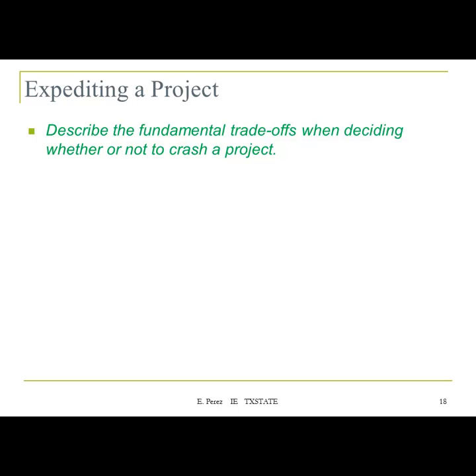So I want you to refer to that and describe the fundamental trade-offs when deciding whether or not to crash a project. Which of these 3 elements are going to be affected? It doesn't have to be a long answer. Just state which elements and what.